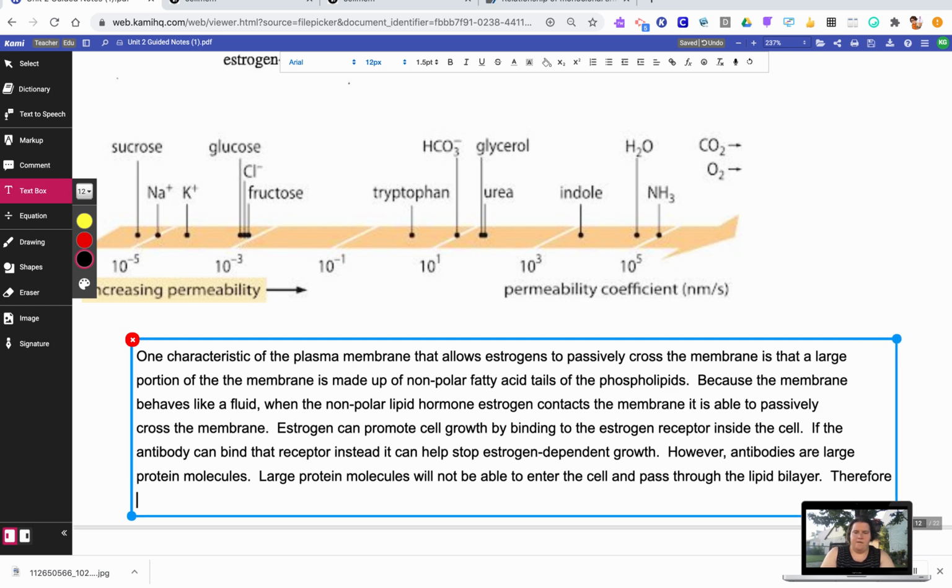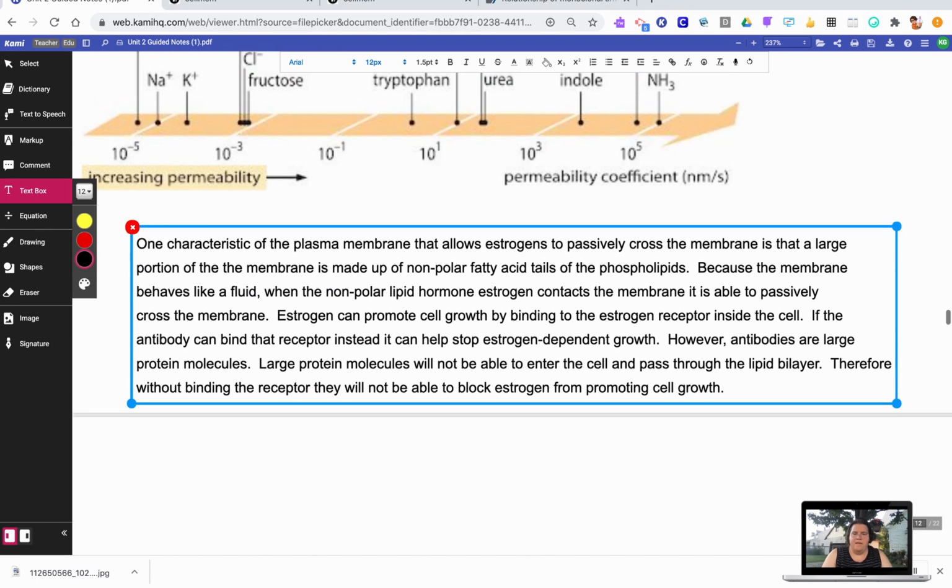Therefore, without binding the receptor, they will not be able to block estrogen from promoting cell growth. So that's what I would say there, okay?